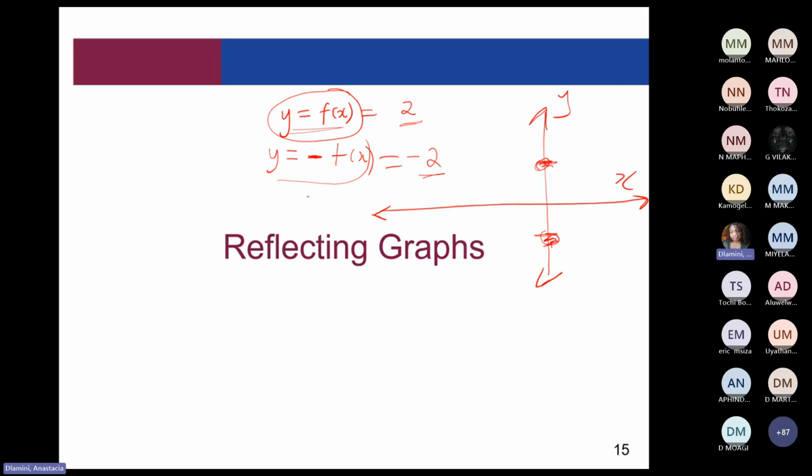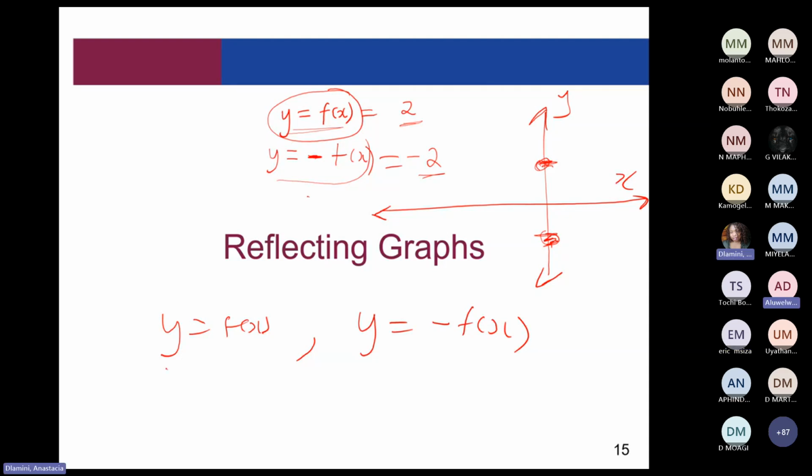Which axis did I jump? The x-axis. Since you jumped the x-axis, if you have y equals f of x and you take y equals negative f of x, you have reflected about the line that you have jumped, meaning that you have reflected about the x-axis. Makes sense, guys? Yes.